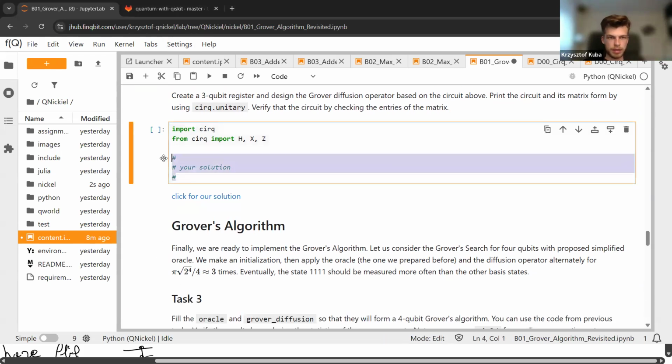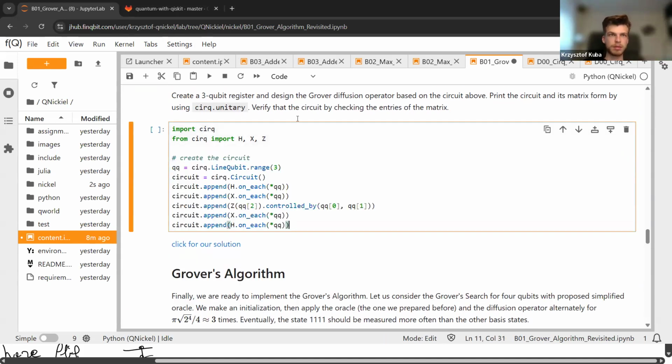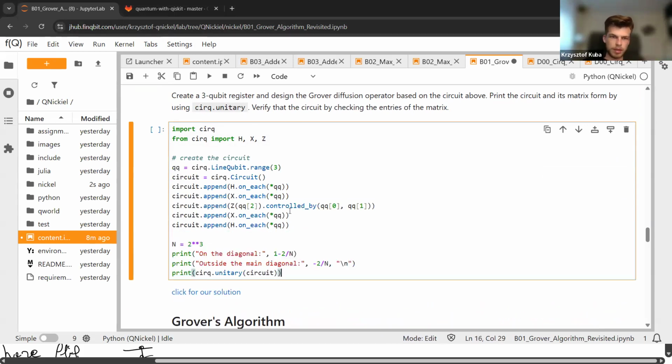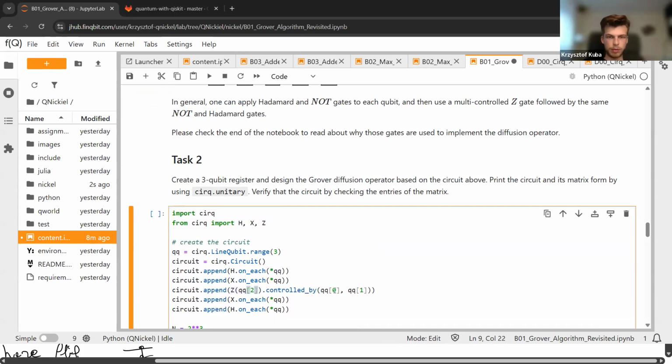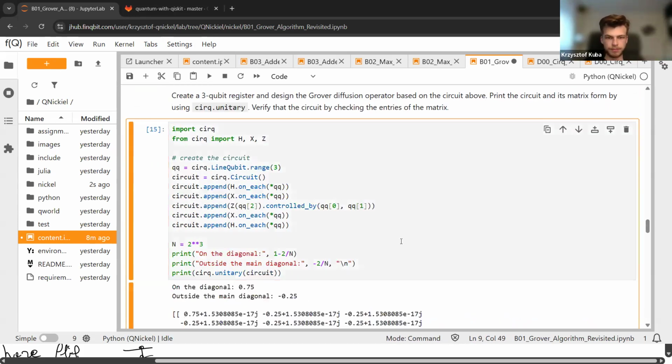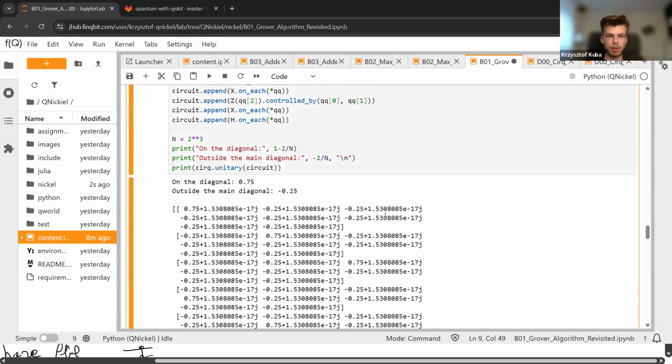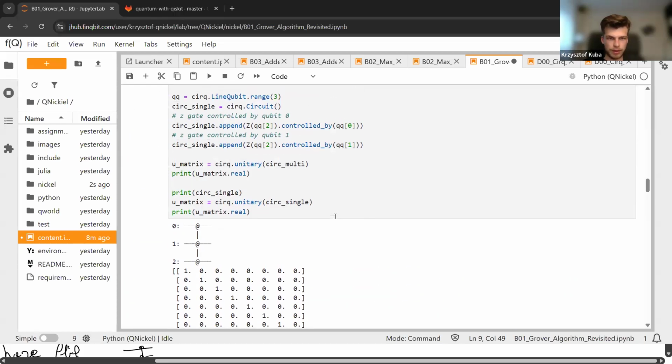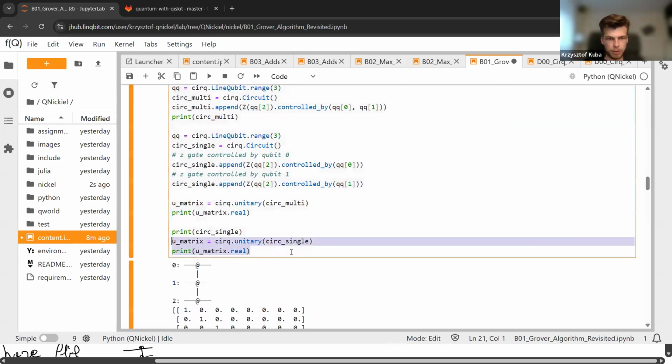And next, do this controlled Z gate. The target is the second qubit, and the first and the second are controlling ones. I will also do this trick with the U matrix.